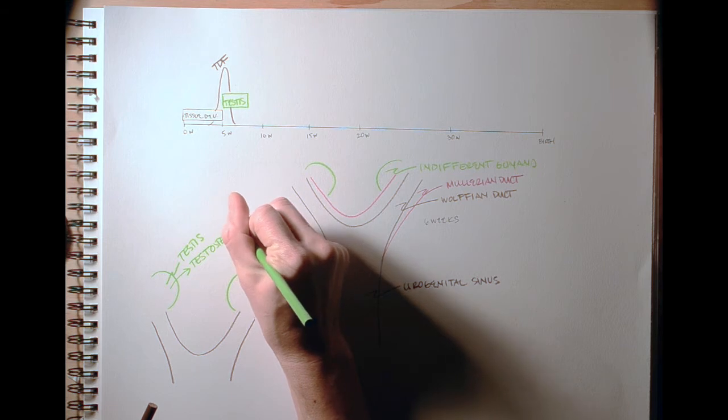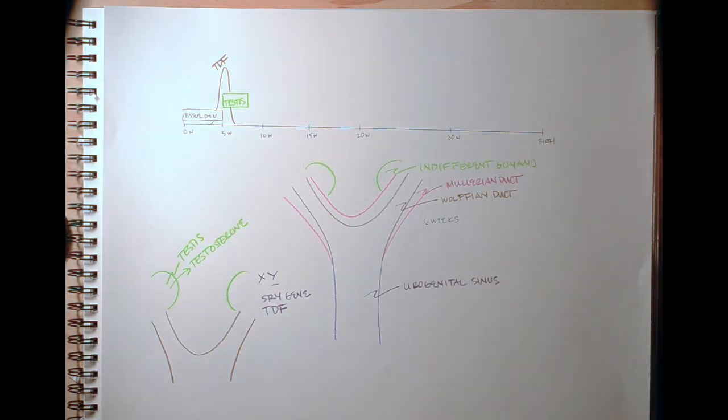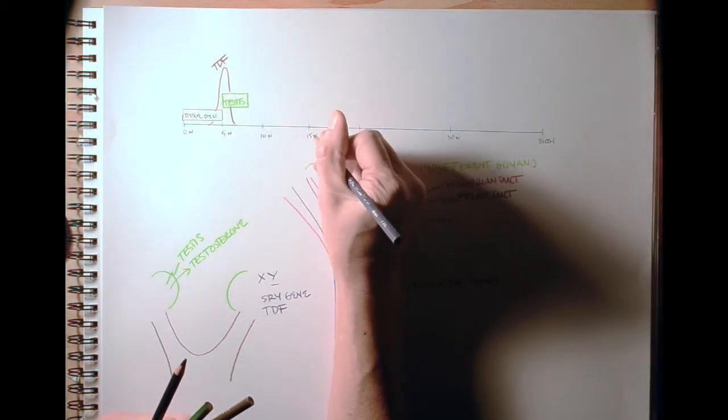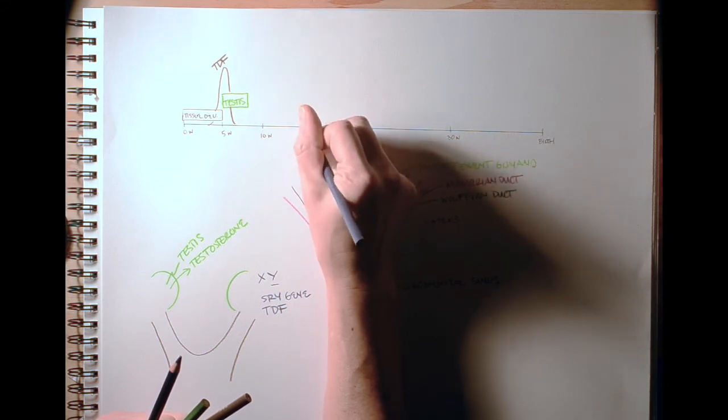And what's interesting about this period of time is even though the Leydig cells are present in the fetal testes, and they are able to produce testosterone, we actually don't have establishment of the hypothalamic connection until about 15 weeks of age.